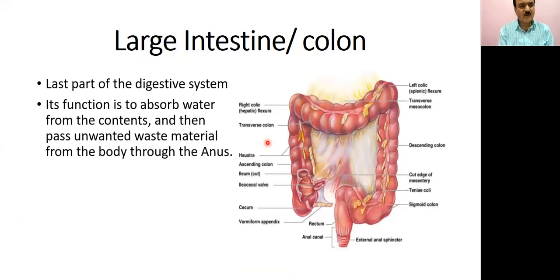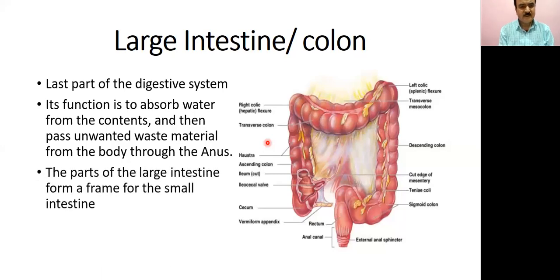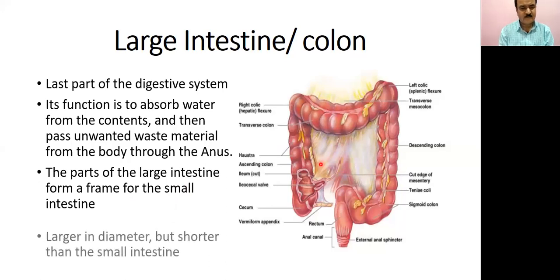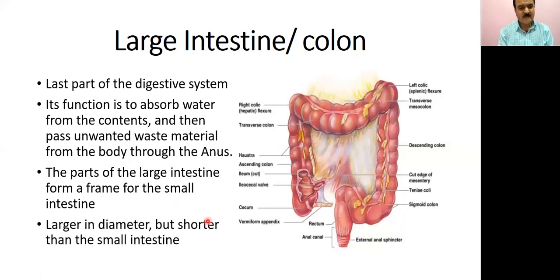Its function is to absorb water from the contents and then pass the unwanted waste material out of the body through the anus. The large intestine frames the small intestine. It is larger in diameter but shorter than the small intestine.